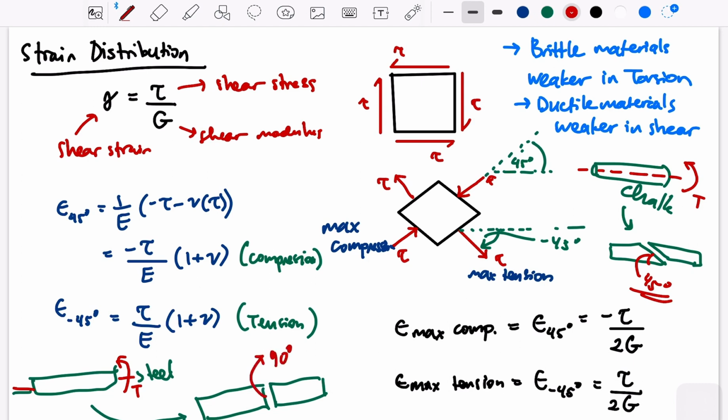90 degrees. This is the ductile material. This is the brittle material. Okay. We say it's like we cut, right? We give the torsion, but the one that makes it still cut eventually is not the torsion itself, but the shear caused by this torsion.